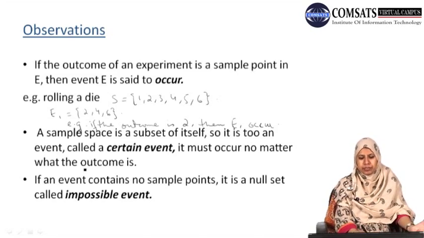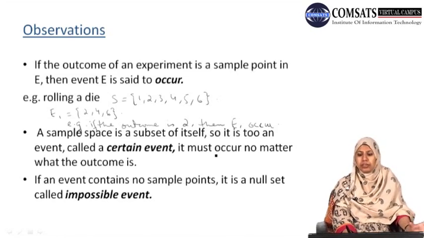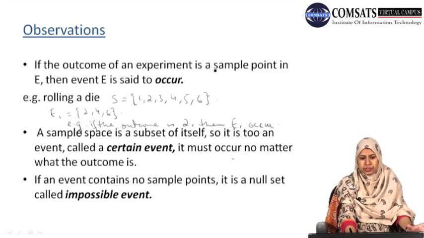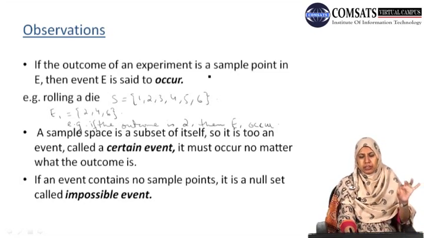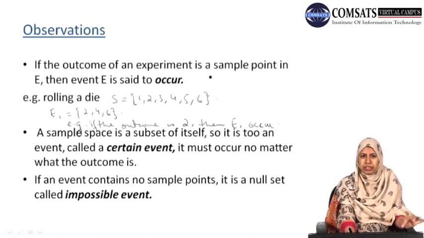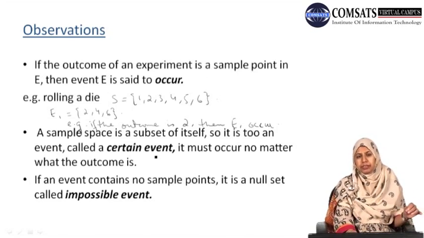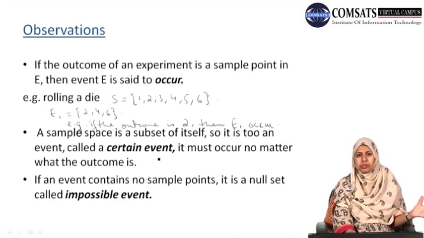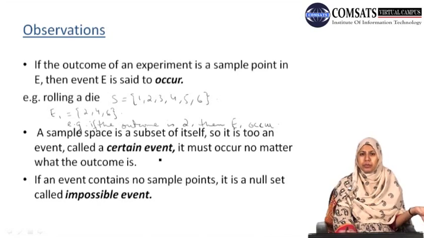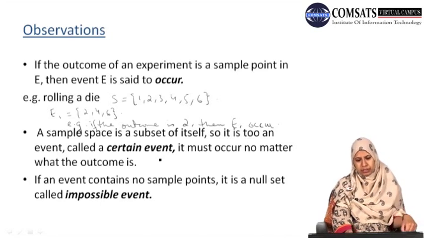In case we are considering the certain event, it will always occur, no matter what the outcome is. In contrast to the first point, which says that if a sample point belongs to our event, then the event must occur, if we have a certain event, that is, our event is the whole sample space, then it will definitely occur no matter what outcome we have.